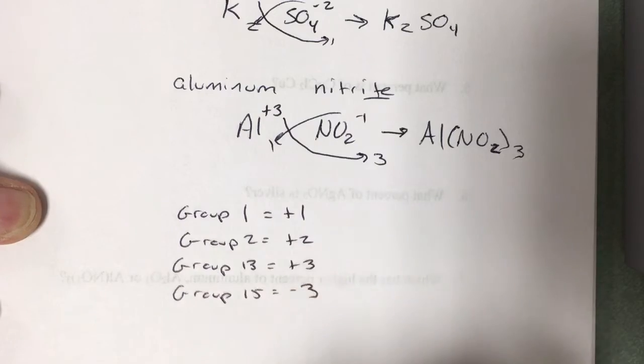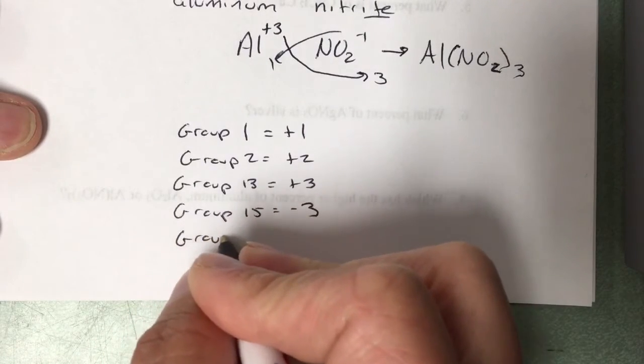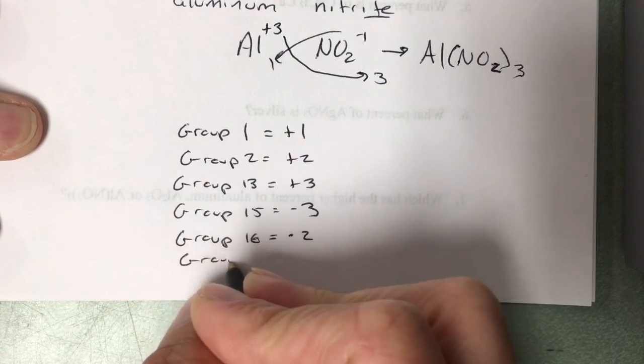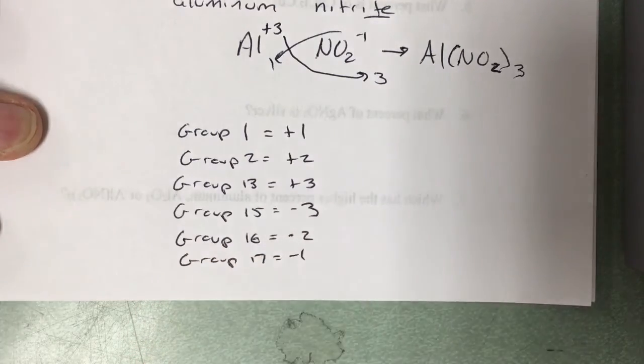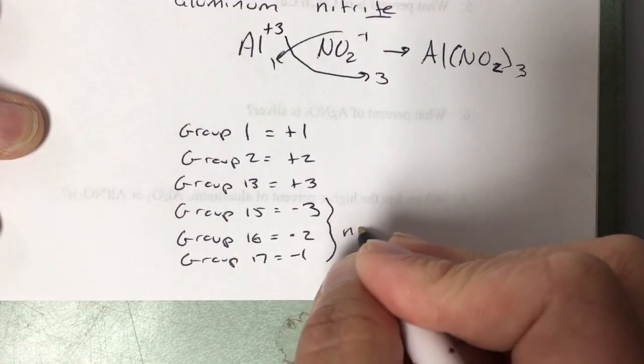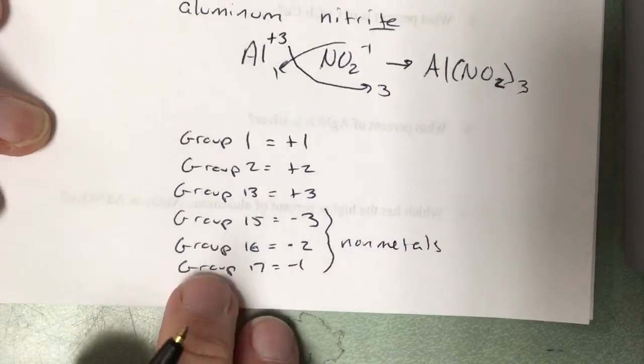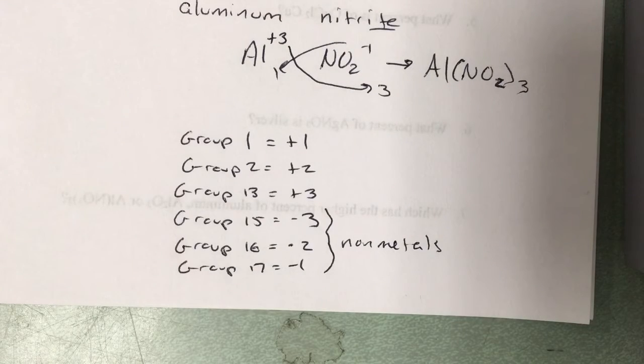That's your -3. Group 16 is -2. And group 17 is -1. These apply only to the nonmetals in those groups. Nonmetals are the ones that are to the right of the metalloids. It's 1, 2, 3, 3, 2, 1 when you're thinking about it.